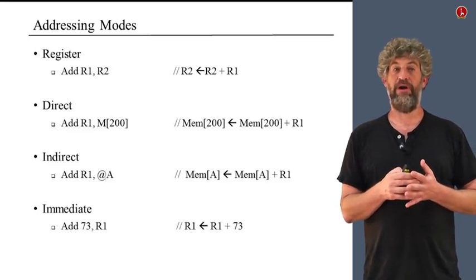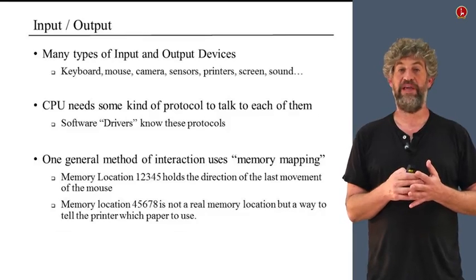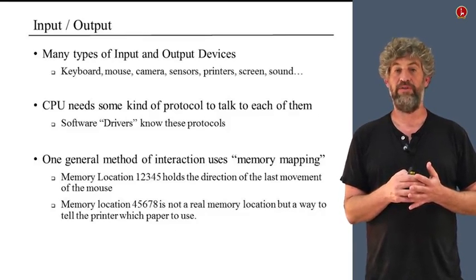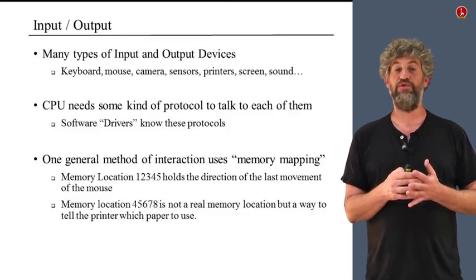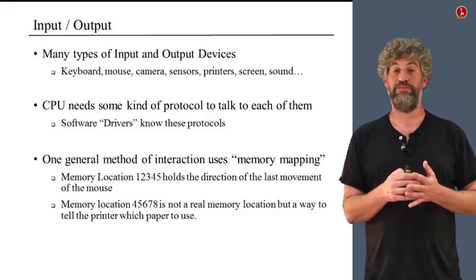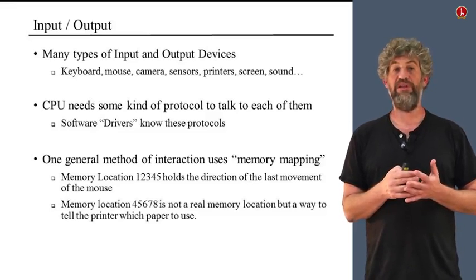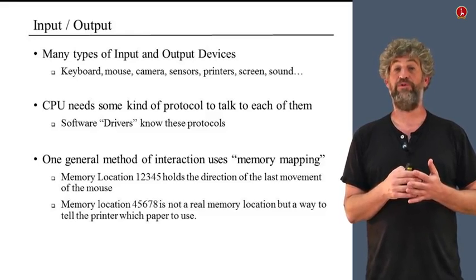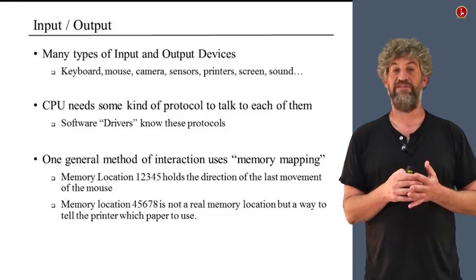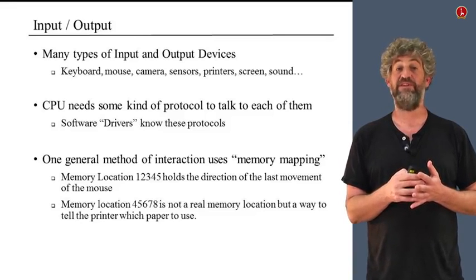While we're talking about where to take the data from and where to put it, we might also add something that is usually piggybacked upon it, which is how we deal with input and output in most machine languages. As we all know, there is an enormous number of input and output devices: printers and screens and various sensors and keyboards and mice and so on.